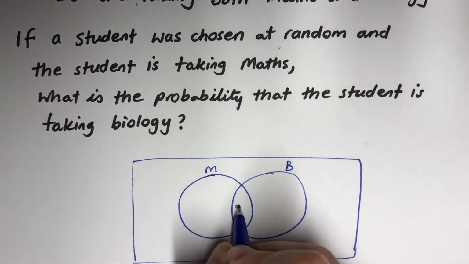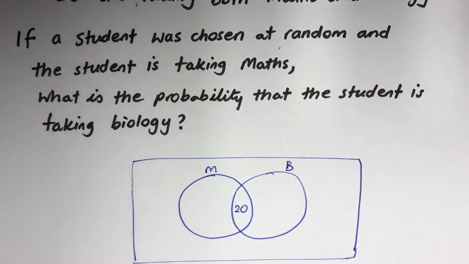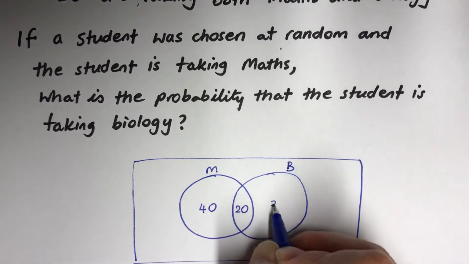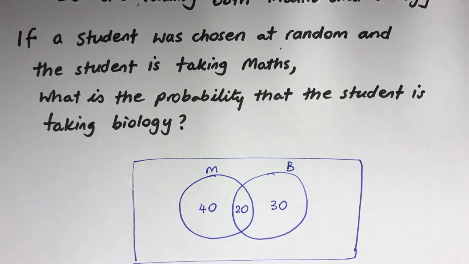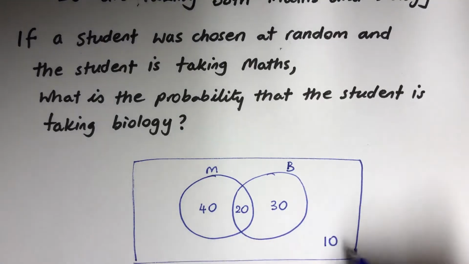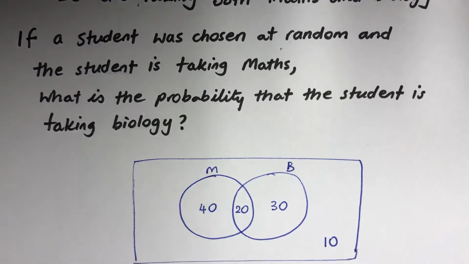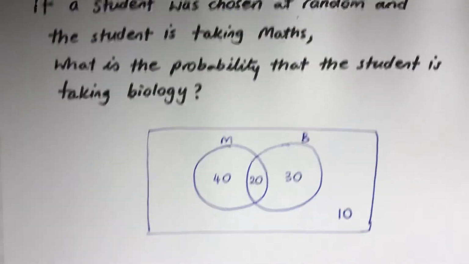And we know that 20 of them are taking both. And there's 40 students taking maths, 30 students taking biology. When you add all this together, you get 90, wouldn't you? So there's 10 students who don't even do biology or maths. That's fair enough. Okay, so that's what I've got.